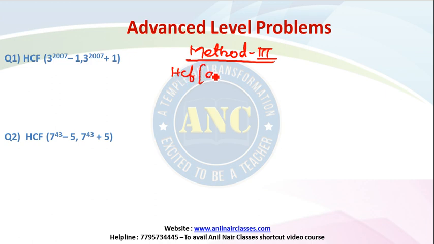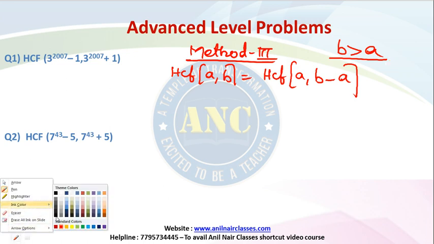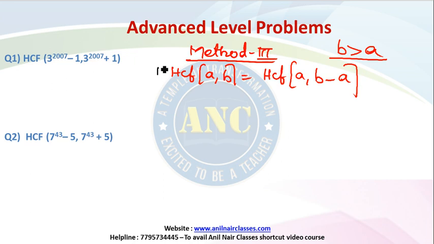Just now we discussed the congruence modulo theorem. HCF of a comma b is equivalent to HCF of a comma b minus a, where b is greater than a. That is the first concept.